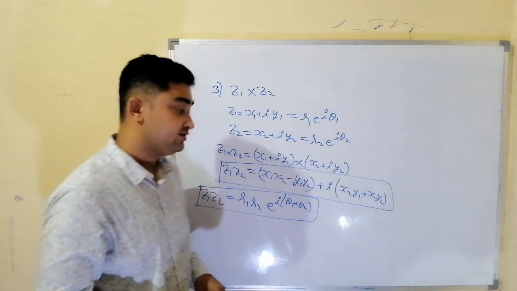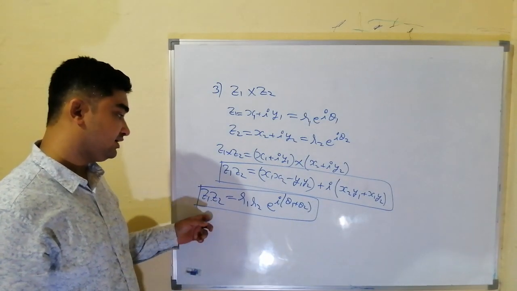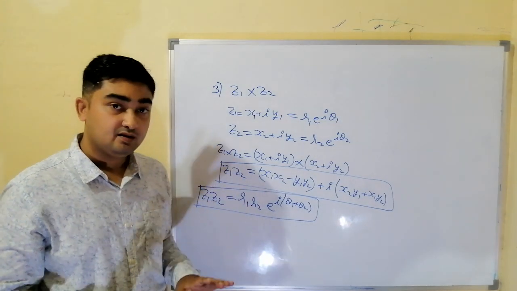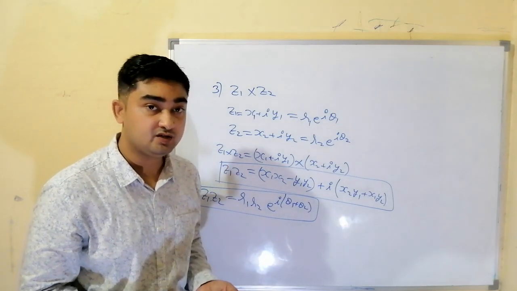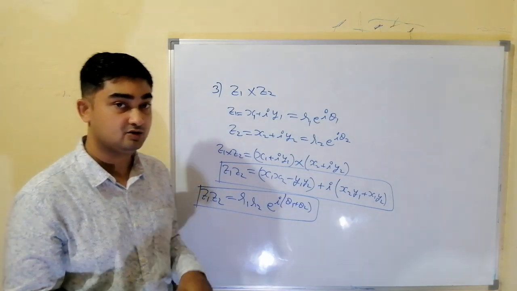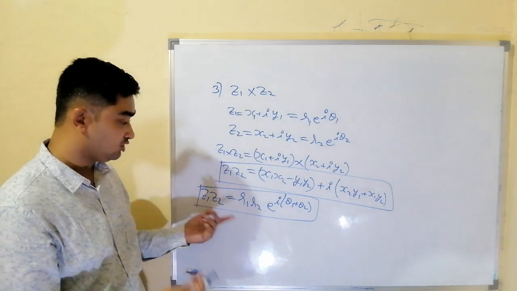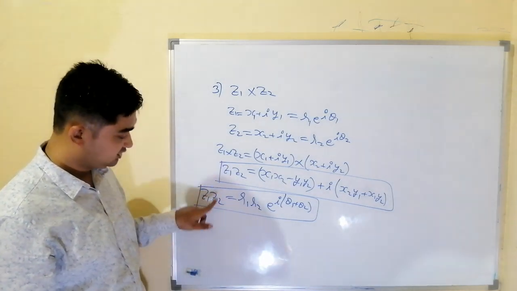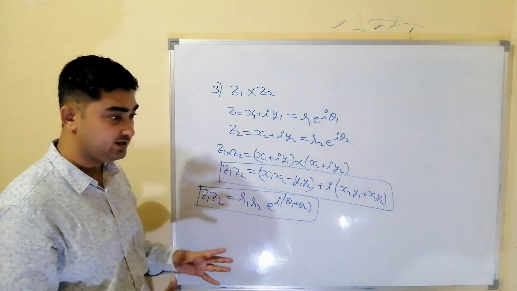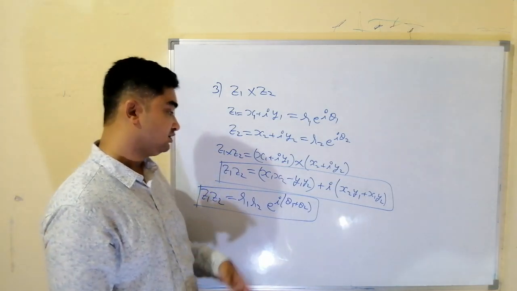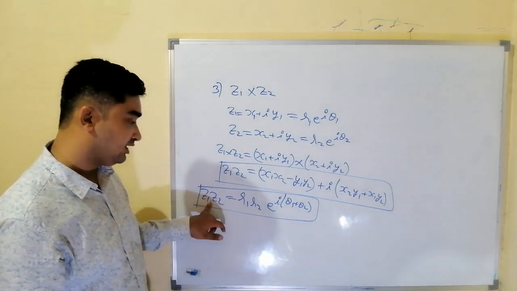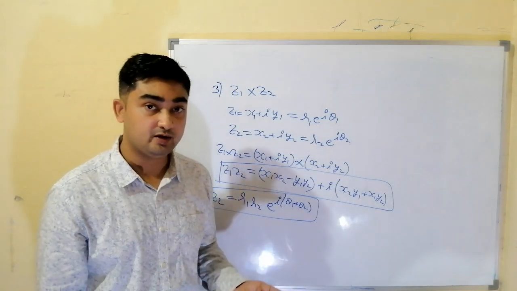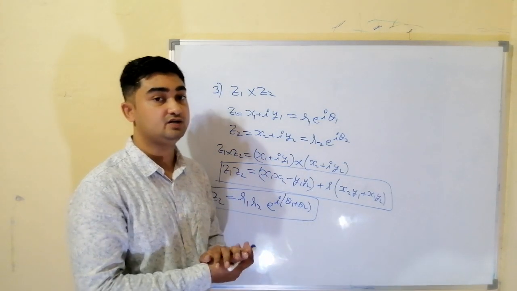It means whenever two complex numbers are multiplied, Z1 into Z2 is a new complex number. Z1 is a complex number, Z2 is a complex number, and Z1 into Z2 gives a new complex number.